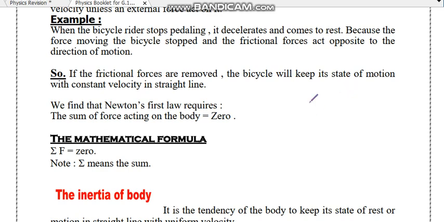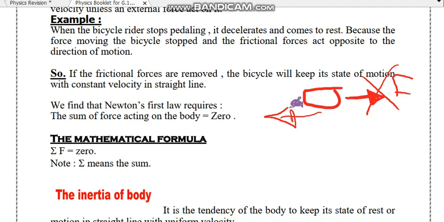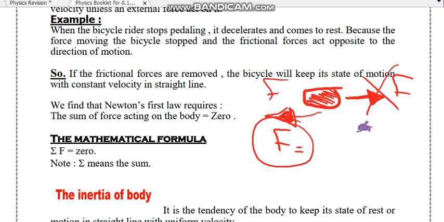When the bicycle was moving, we had the pedaling force. When this force is cancelled, we have the friction force, which always acts in the opposite direction. So the total force acting on it is the friction force, which will bring the bicycle to rest finally. Okay, so the final velocity will be zero.